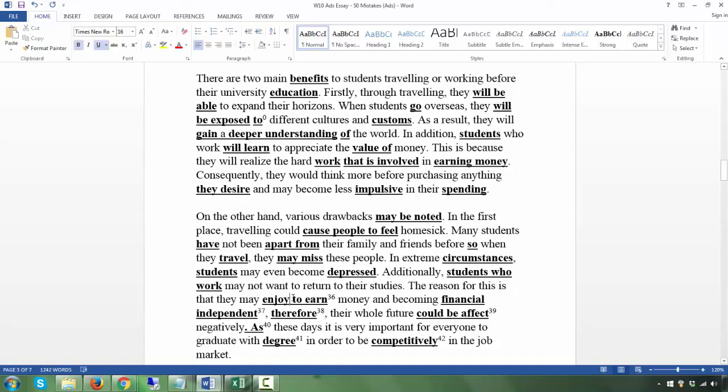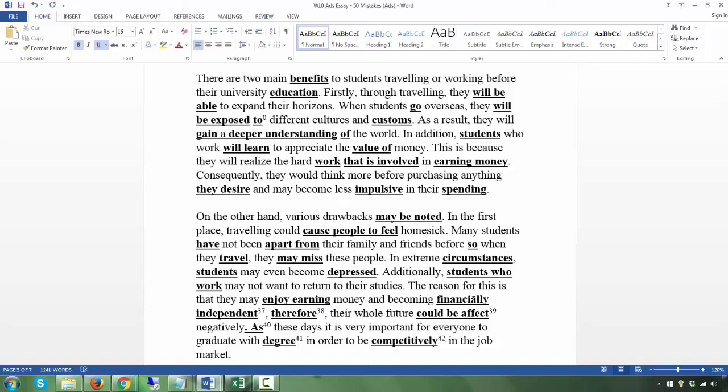The reason for this is that they may enjoy. Okay, we went through enjoy just now. What is the word pattern? Not enjoy to do something, but enjoy verb ing. Okay, enjoy earning money and be. The reason is that they may enjoy and becoming. They may enjoy earning money, enjoy becoming financially.